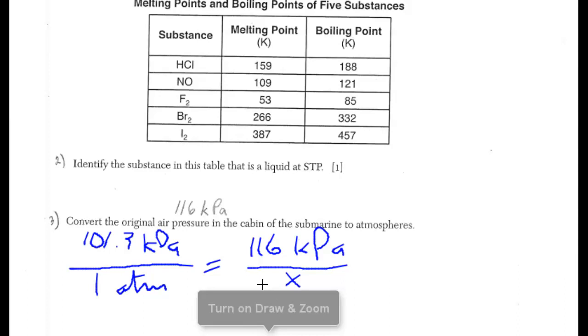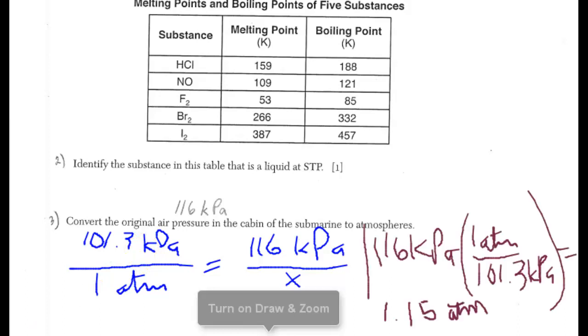You could also use this fraction as a conversion factor. Let me show you that. As you can see, two different ways for exactly the same answer. I rounded to 3 significant figures because the number given was 3 sig figs, or 1.15 atm. You don't have to worry about units in this case.